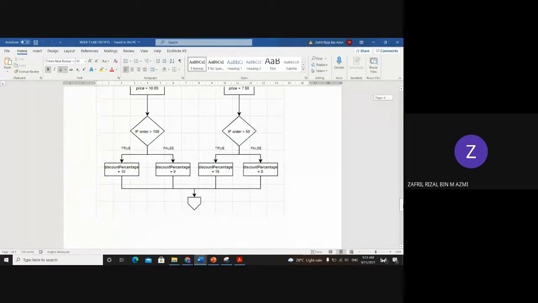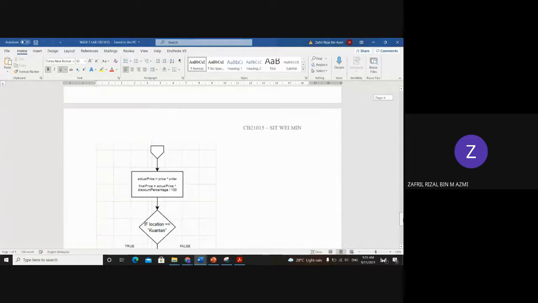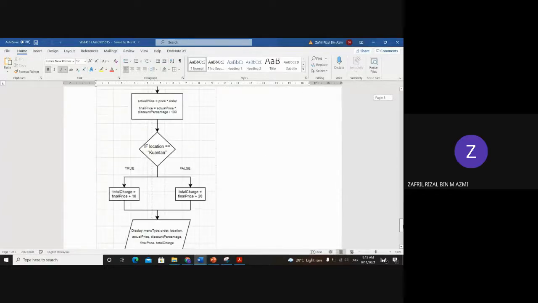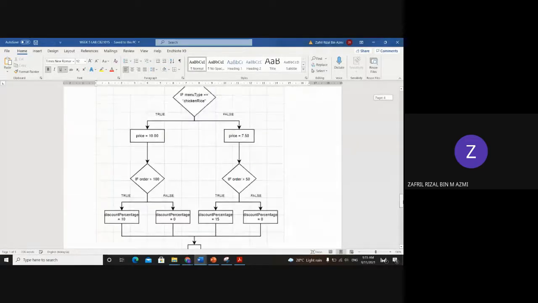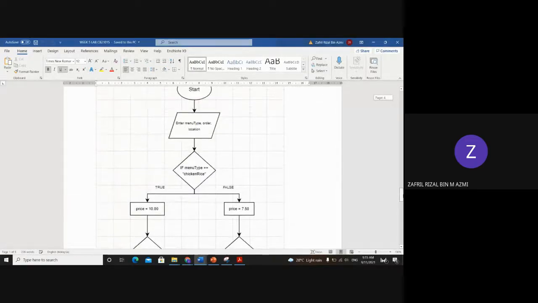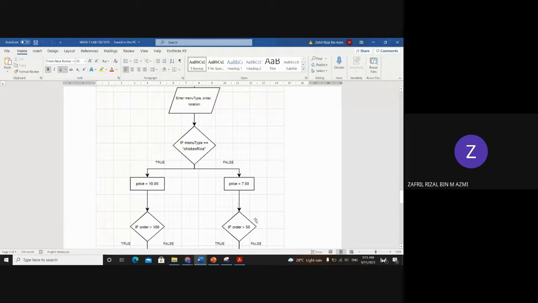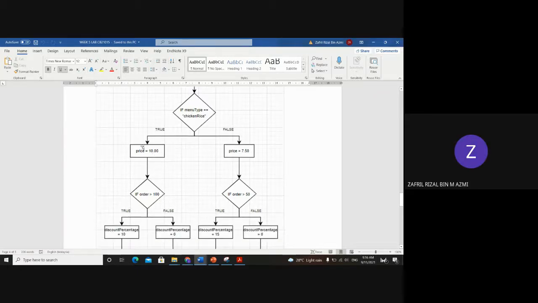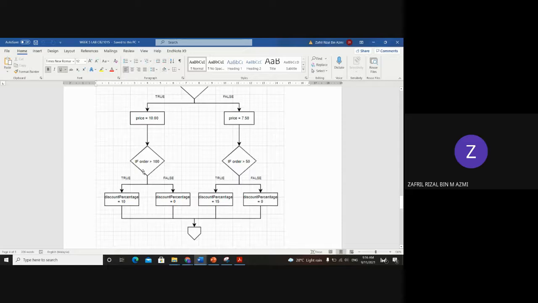Okay, looks okay. I prefer this kind of answer actually, because it is easier to read. But please, not like this. It is supposed to be true and false. Then you put price, and this one also true, false.